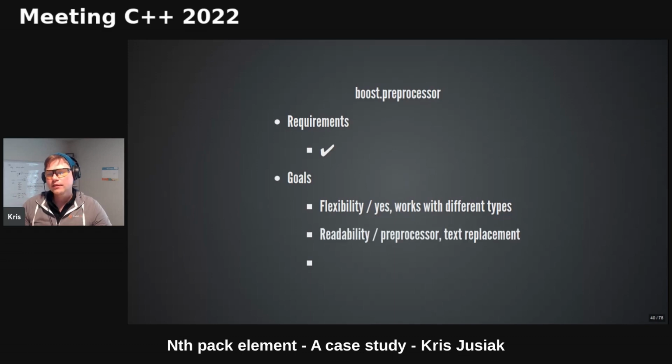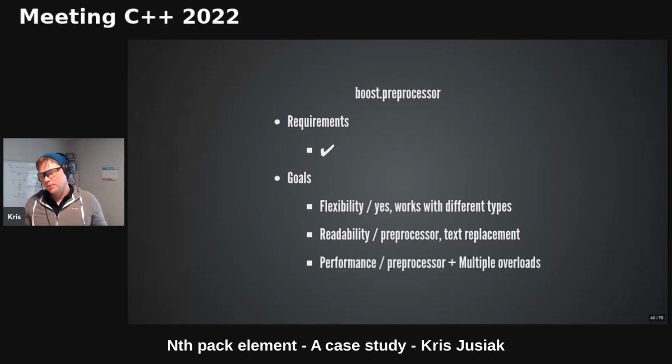So readability: it's preprocessor text replacement. Error messages will be terrible. It won't be hinting even at the right place in the first place, and it won't be great. And it's obviously hard to read because it's just preprocessor, so everything is difficult because we don't really see the code which is actually generated.